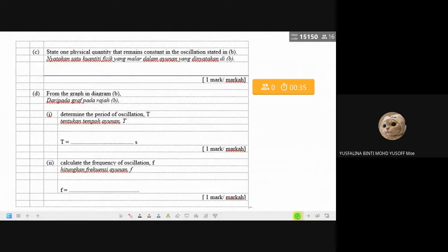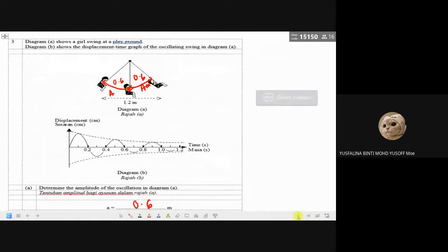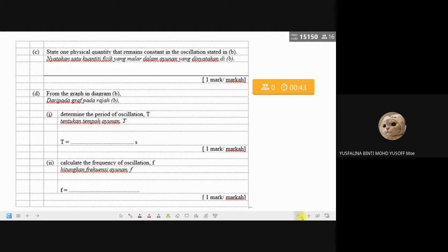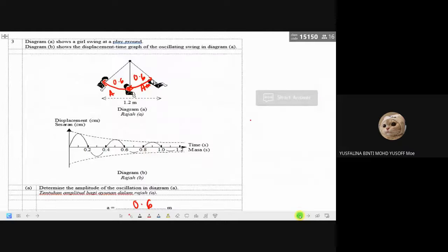Period and frequency. Okay, so I will put the question here. C1 if I'm not mistaken. D1, D2. D1 is period. Find the period. D2, find the frequency.